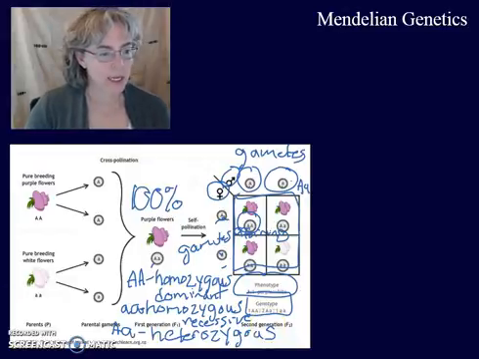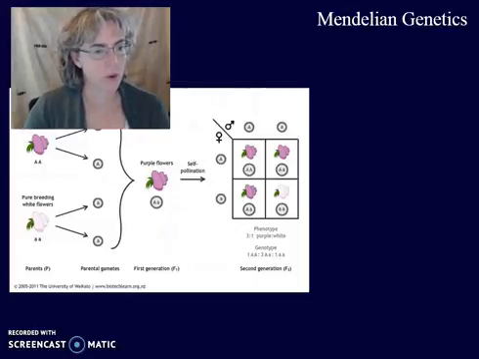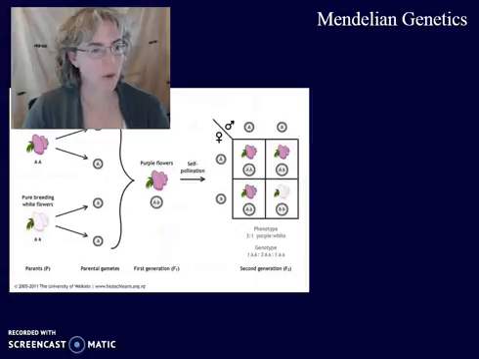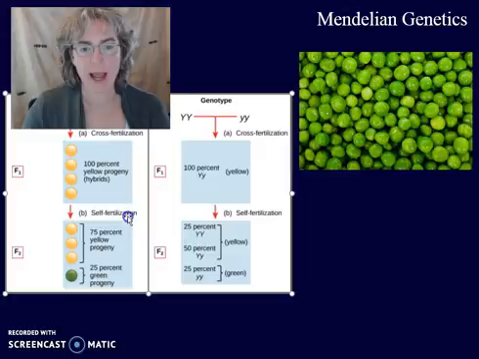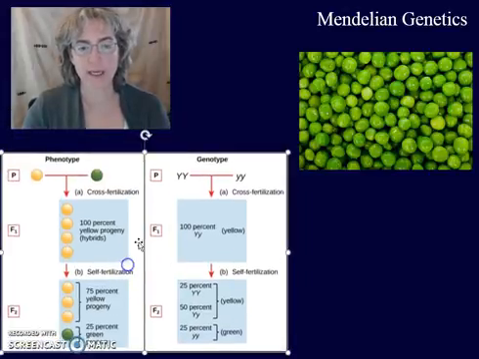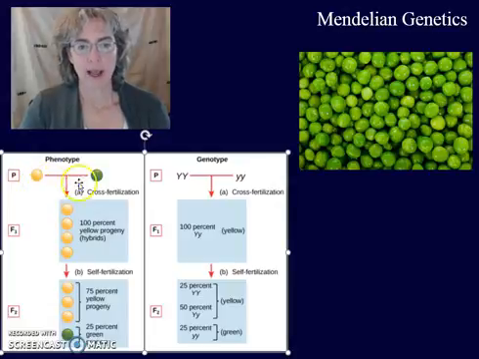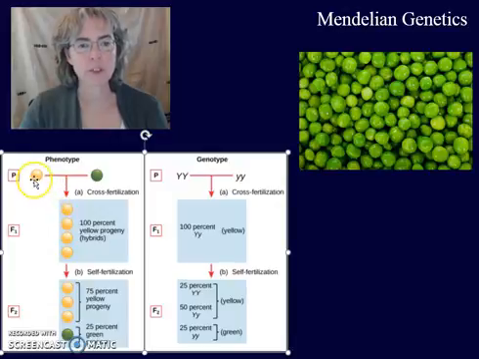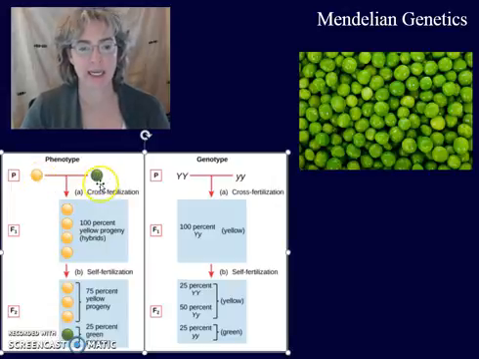Okay, so let's take a look at what happens looking at a different characteristic. So let's say, let's look at seed color. So our phenotype for seed color is yellow seed or green seed.